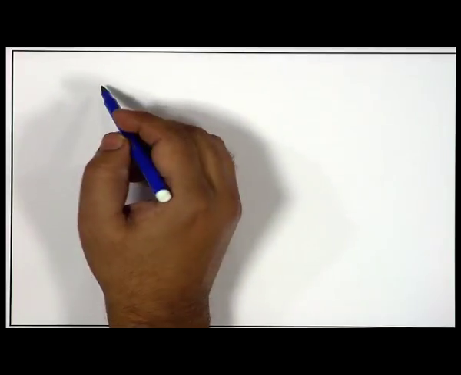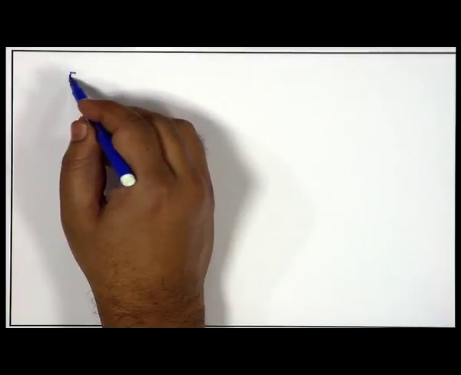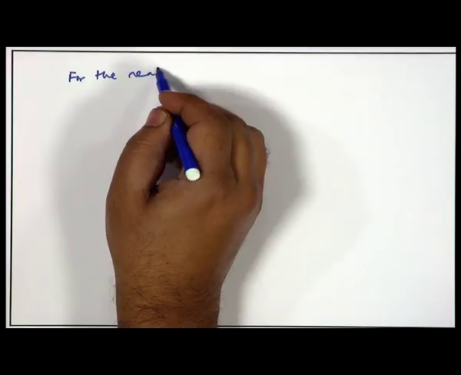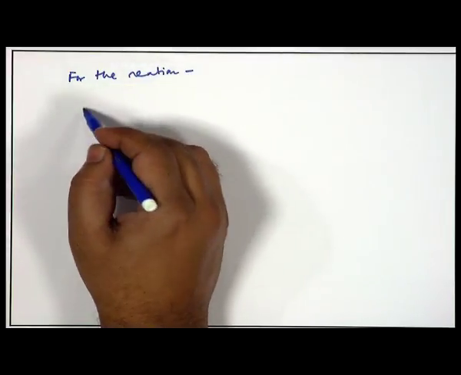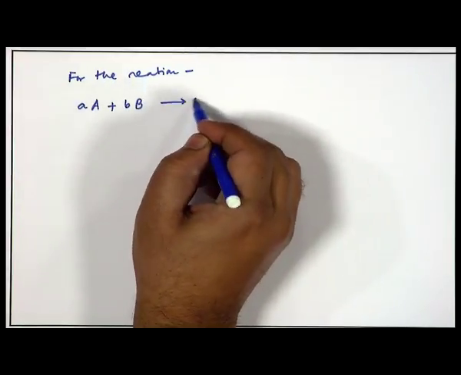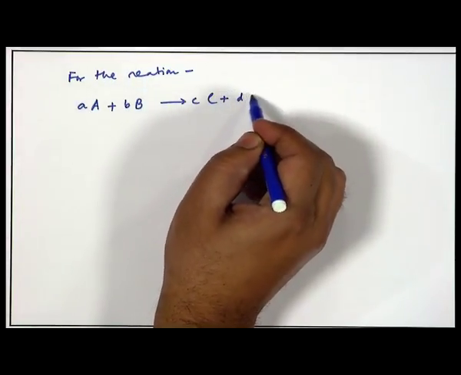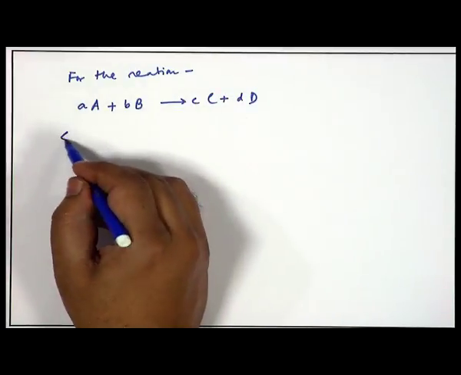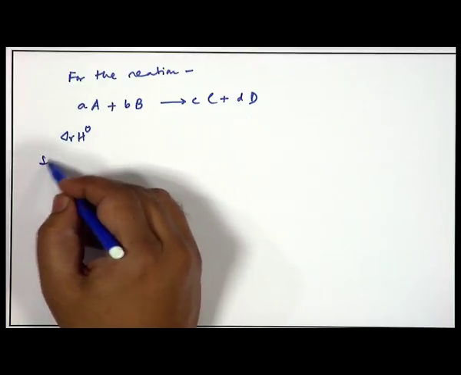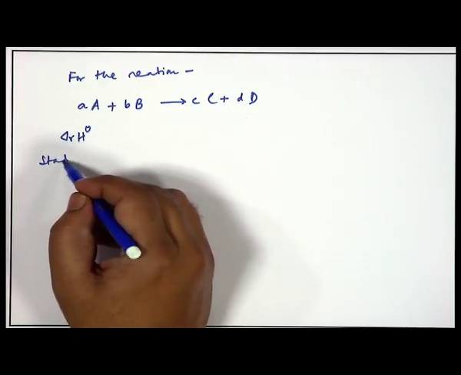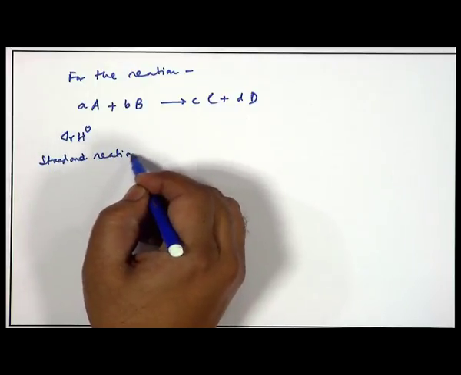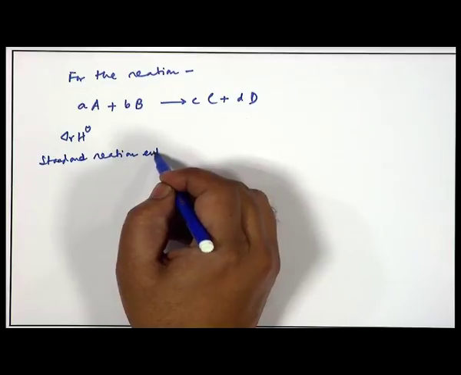So, for the following reaction, A plus B to C plus D, we can write the standard reaction enthalpy.